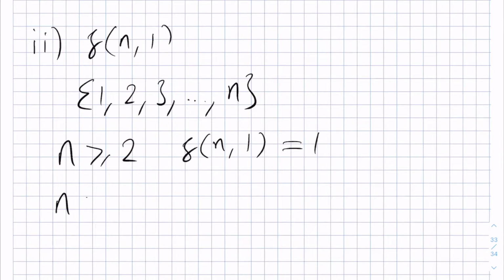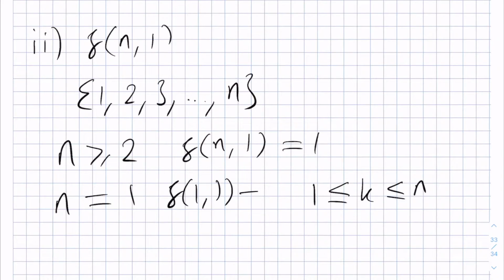However, if n is equal to 1, which is allowed, since at the beginning we had 1 less than or equal to k less than or equal to n, and so k would be 1 and n would be 1, which does satisfy this condition here. In this case, we only have the 1 element, and so there is no way to put this into subsets because each subset needs to have at least 2 elements.